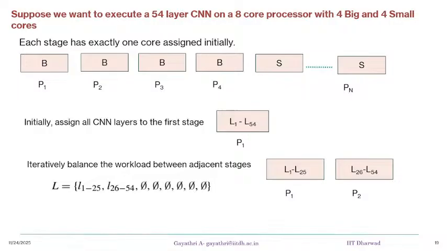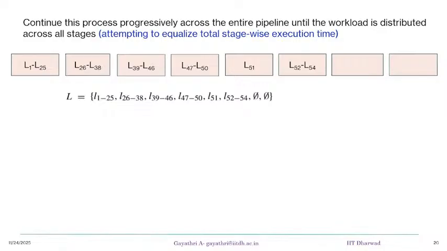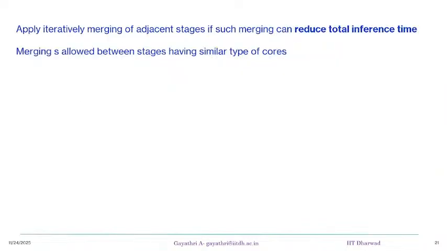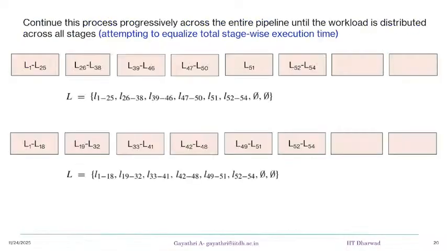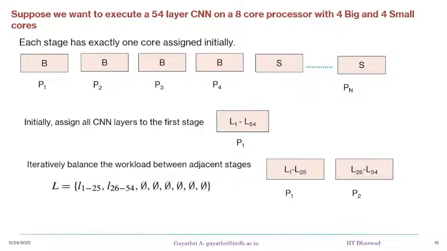Whatever is the most possible balance. So this is the first level. After that we keep on continuously doing this until we get whatever possible balance across multiple stages. So this algorithm iterates, and then we come to one point where there is no further possible improvement.